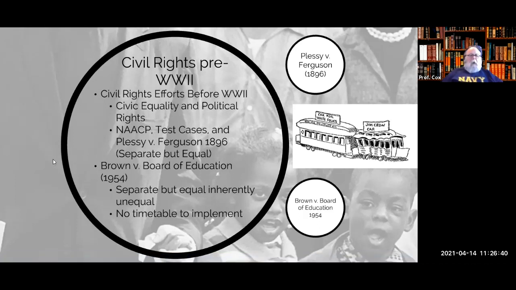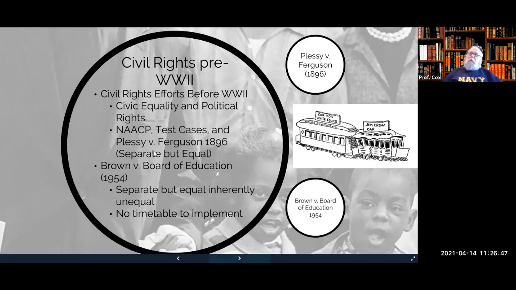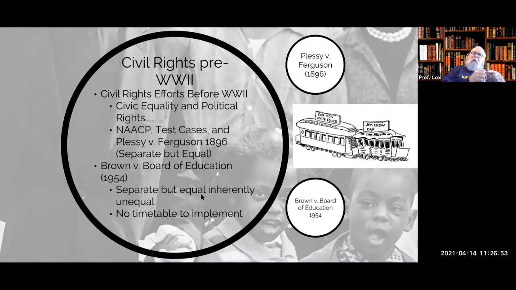Wrong. And the reason why is because even though the Supreme Court ruled that this particular law was unconstitutional, that didn't affect the thousands of other laws throughout the country that called for or demanded separate but equal.